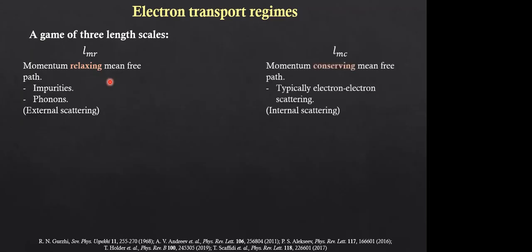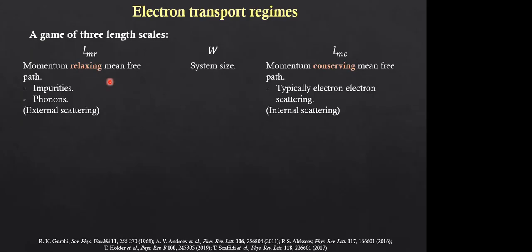The other length scale is the momentum conserving mean free path, and that comes because the electrons also scatter between themselves, and it's an internal scattering. So the L_MR, which is the external scattering, relaxes the momentum, but on the other hand, the electron-electron scattering conserves the momentum. And the third length scale is the system size, which is W.